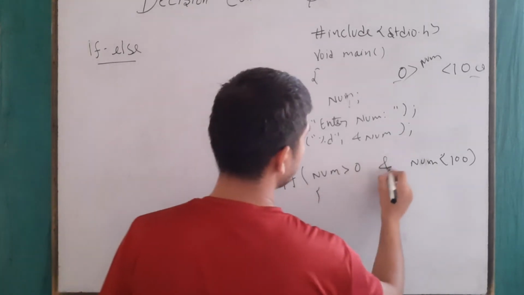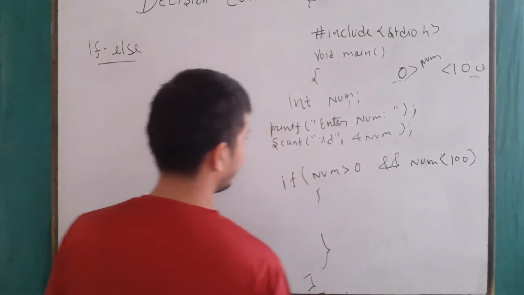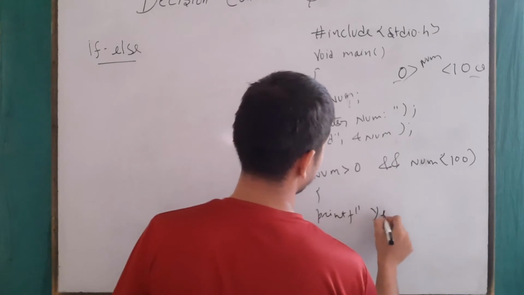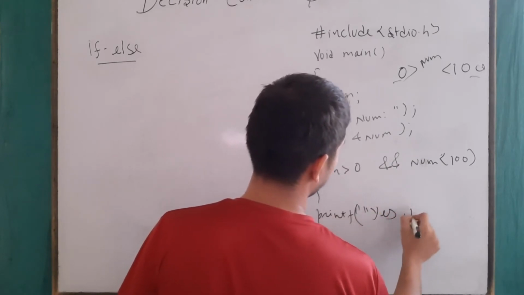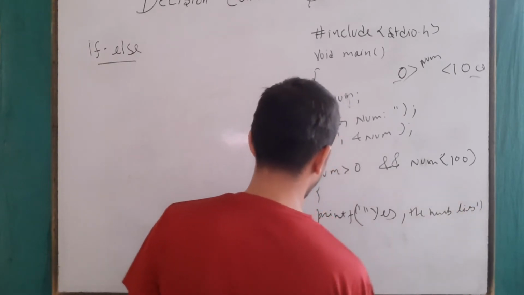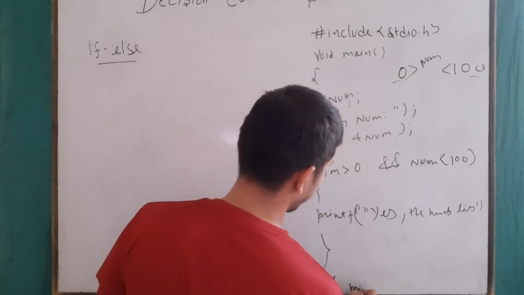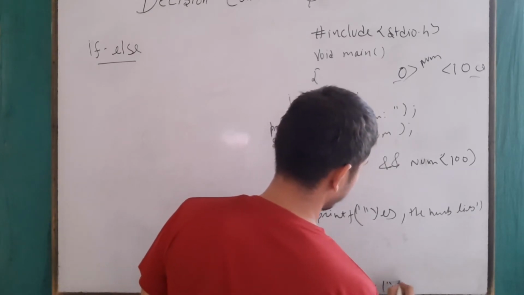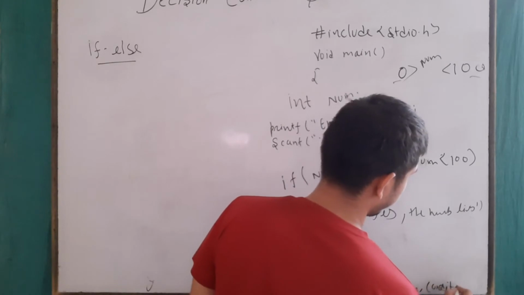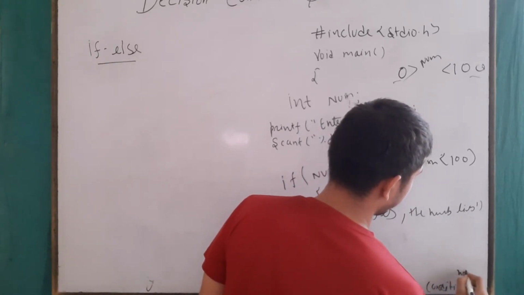So for both the conditions to be met, I will use the double AND, the logical AND operator, right? And then I'll write here printf "yes, the number lies". And in the else part I can write printf "sorry, condition unfulfilled, condition not valid".